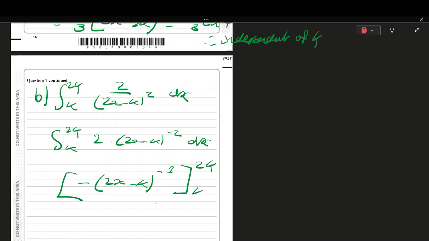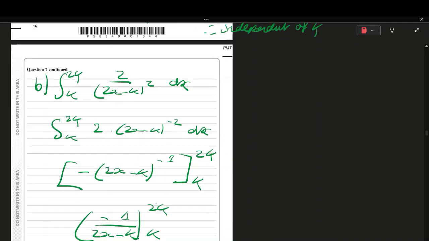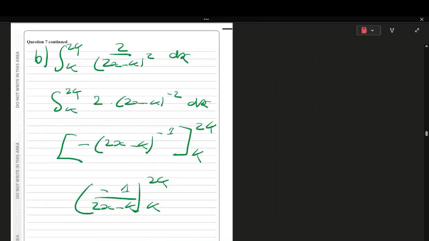Limits 2k and k. This can be written as minus 1 over (2x minus k), with limits 2k, k. This, therefore, is minus 1 over (2 times 2k minus k) minus minus 1 over (2k minus k).